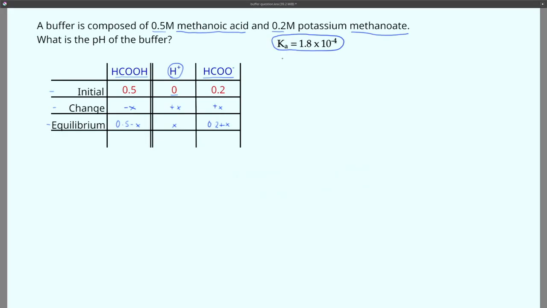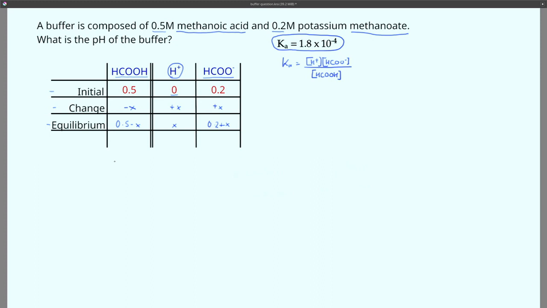Next step, we need to write the Ka, the equilibrium expression, which is Ka equals H plus times the concentration of the methanoate all over the concentration of methanoic acid, like so.